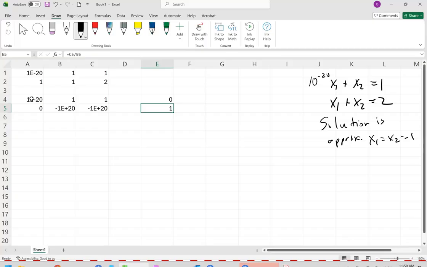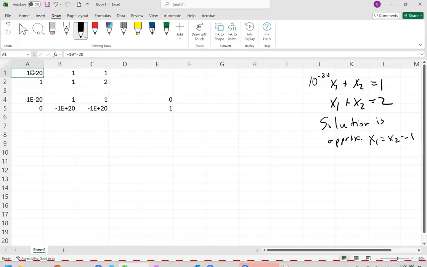Okay? So what's the problem? Well, the problem was that in magnitude, this coefficient was significantly smaller than that coefficient, right? So when I used this for my multiplier, I divided by it. Now instead of being significantly smaller in magnitude, it's significantly bigger in magnitude, right?